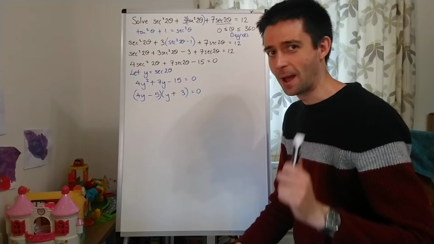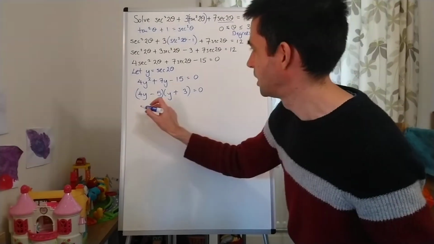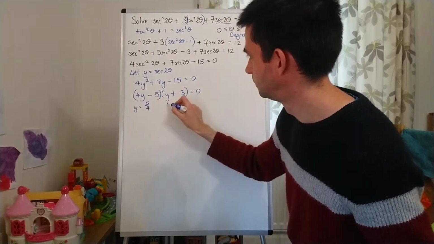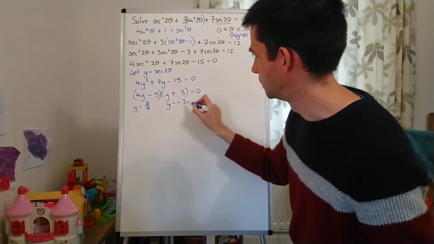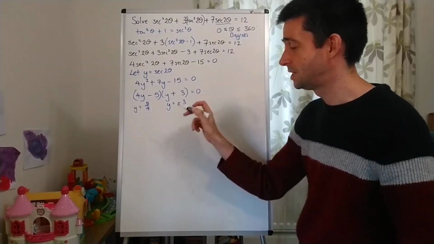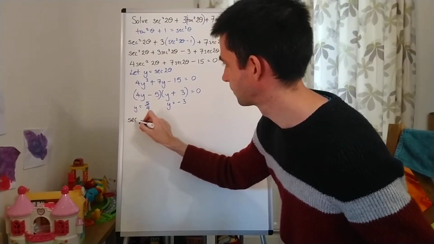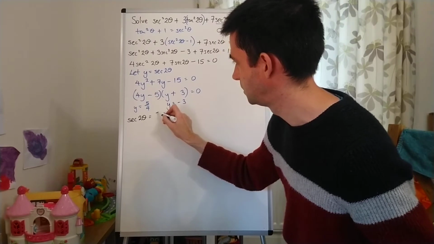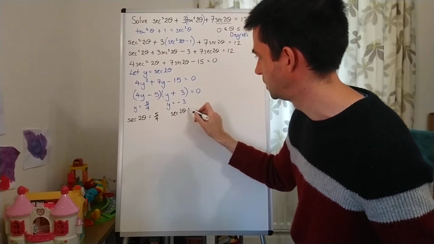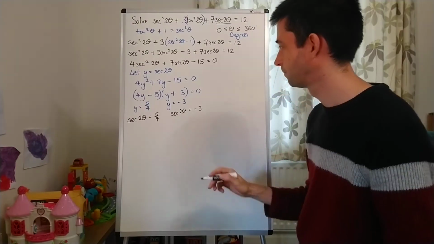Yeah, I'm happy with that. This is going well. So, solving that equation, I get y equals 5 over 4 and y equals negative 3. But of course it's not y that I'm interested in, it's sec 2 theta. So sec 2 theta would be 5 over 4, and sec 2 theta would be negative 3.